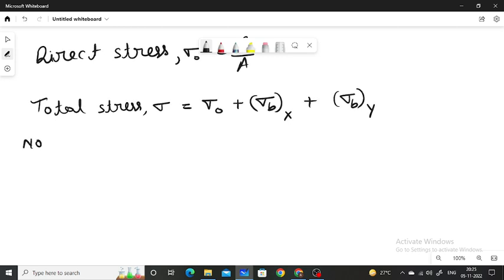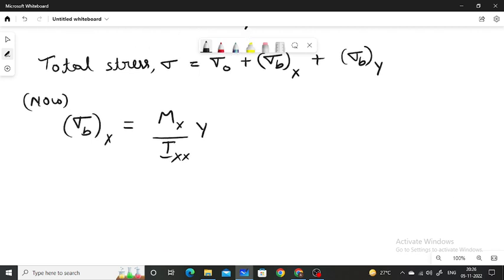Now the bending stress due to the moment about the x-axis will be Mx upon Ixx into y.